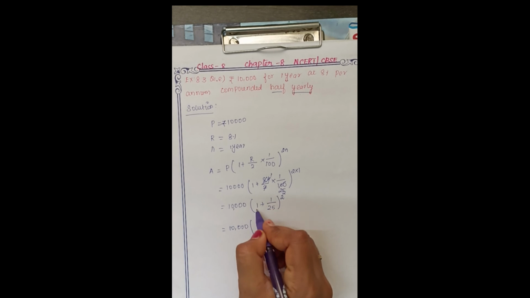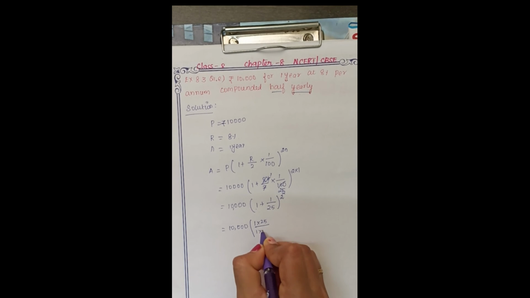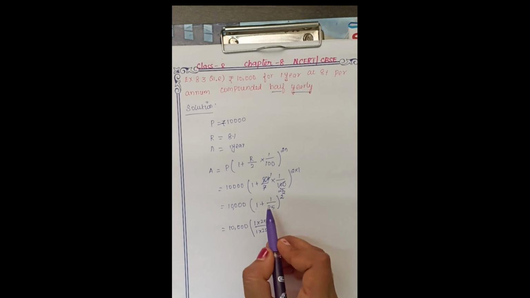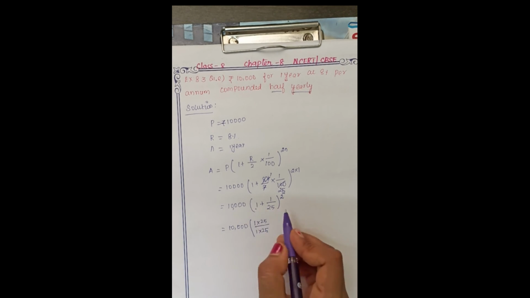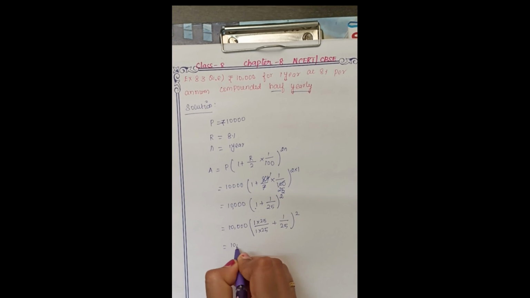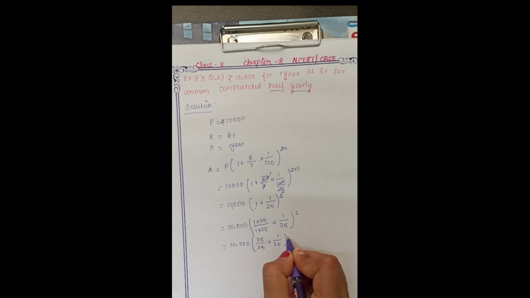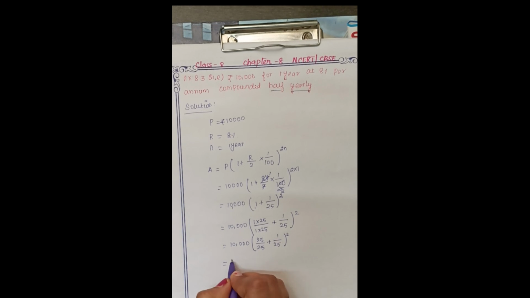So we need to take the LCM. Here the denominators are different. To make it the same, we need to multiply and divide by 25. We need to multiply and divide this 1 by 25 plus 1 by 25, power 2. 10,000 into 1 into 25 divided by 25 plus 1 by 25 per 2.